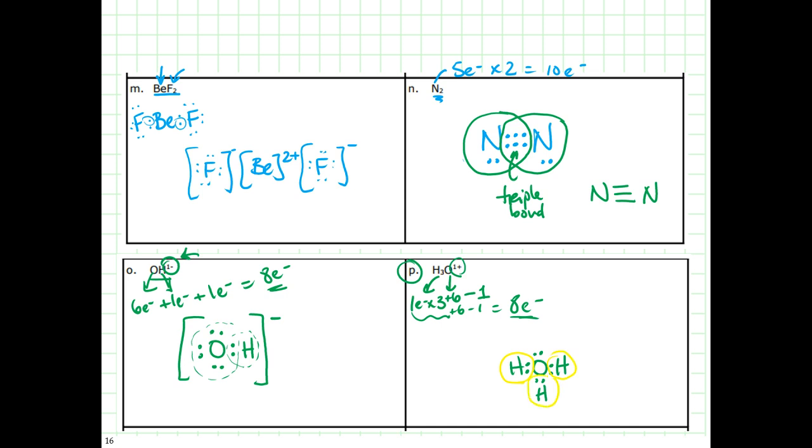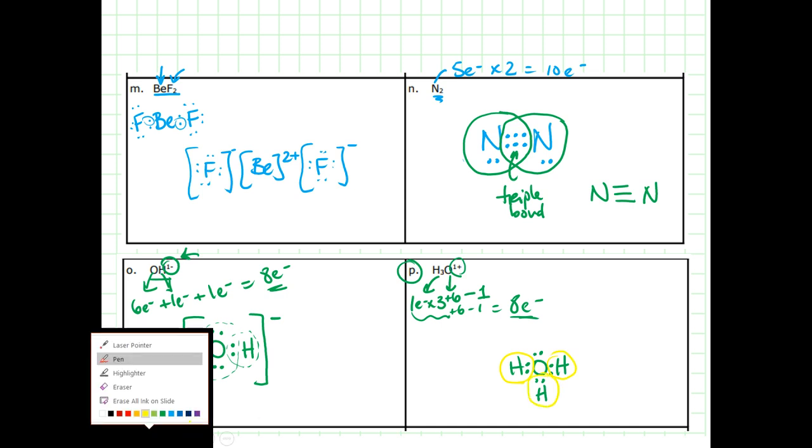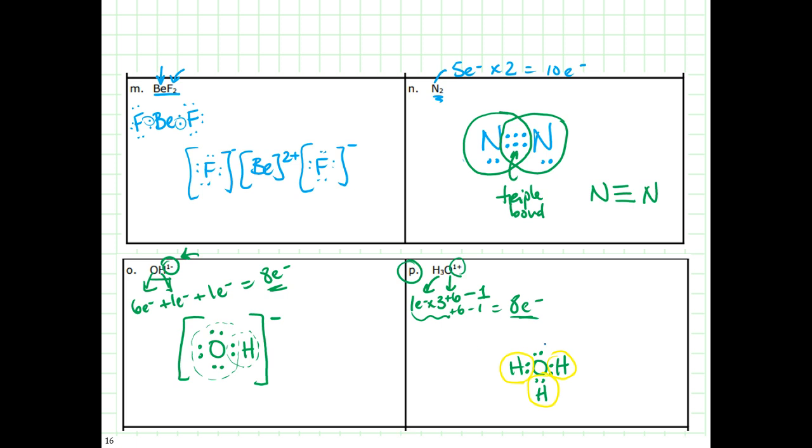This hydrogen has 2. And that oxygen has 2, 4, 6, 8. Voila. Because it's an ion, we do need to put the whole thing into brackets and add that charge. Let's do one more together, and then we'll let you work a little bit on your own.